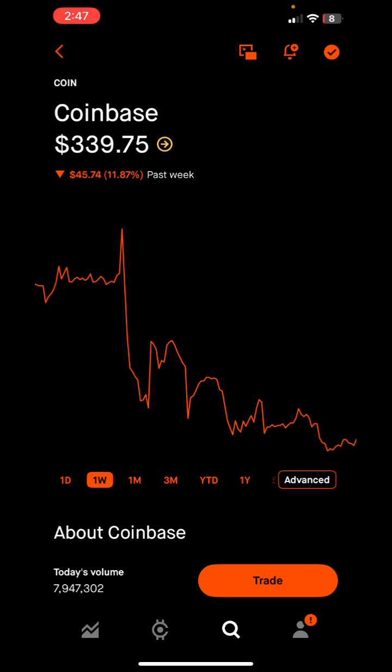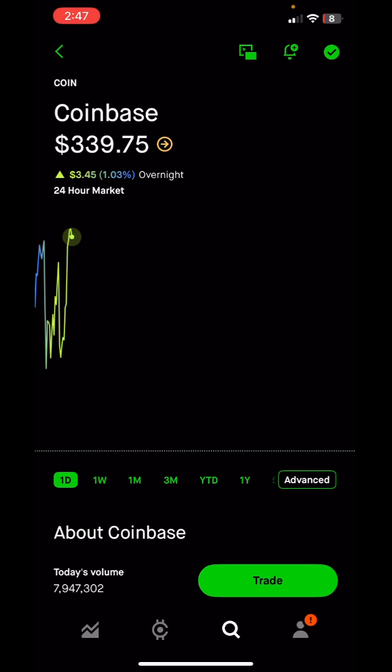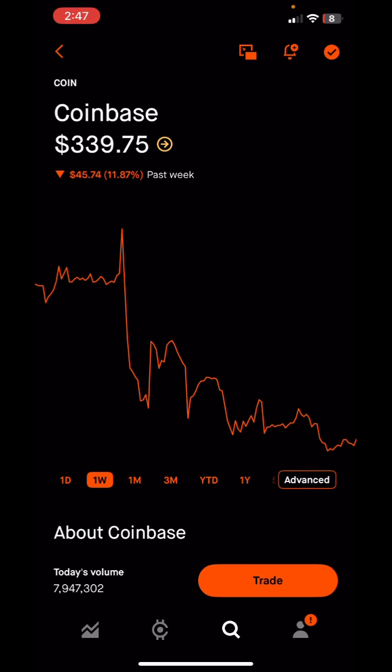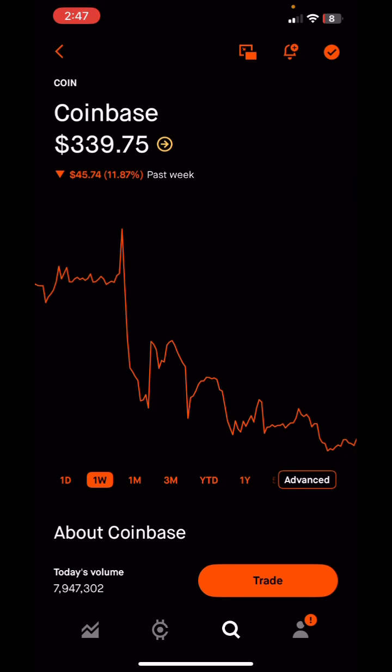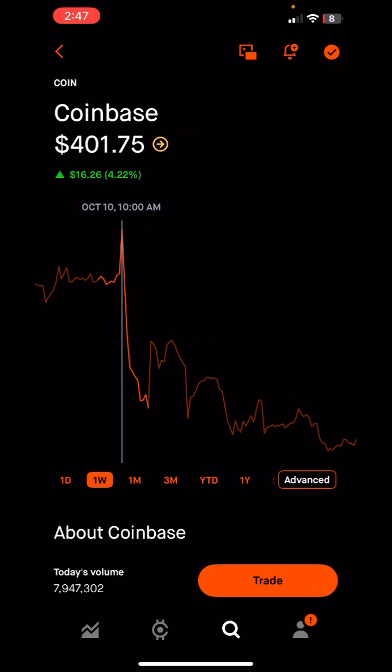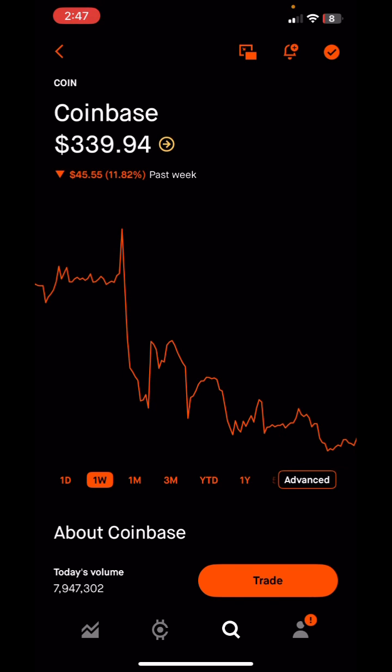Okay, we're at Coinbase. So Coinbase has been down a little bit this week. Overnight, it's going up $3. The current price is $339.75. Now, if we look at it over the last week, the highest it was was like 401.